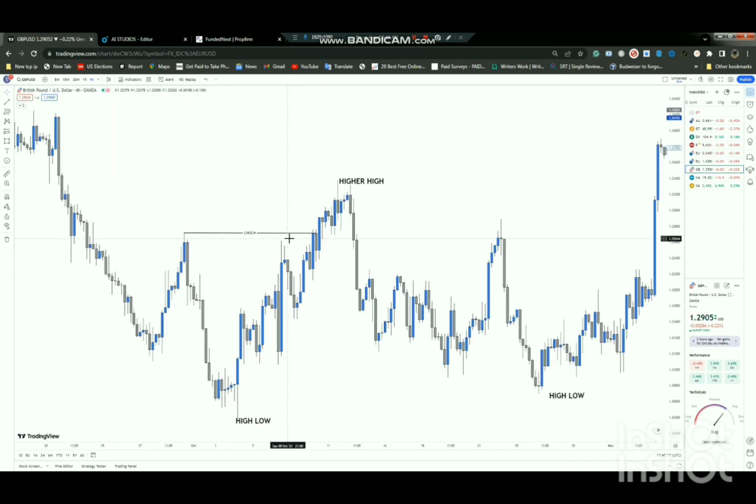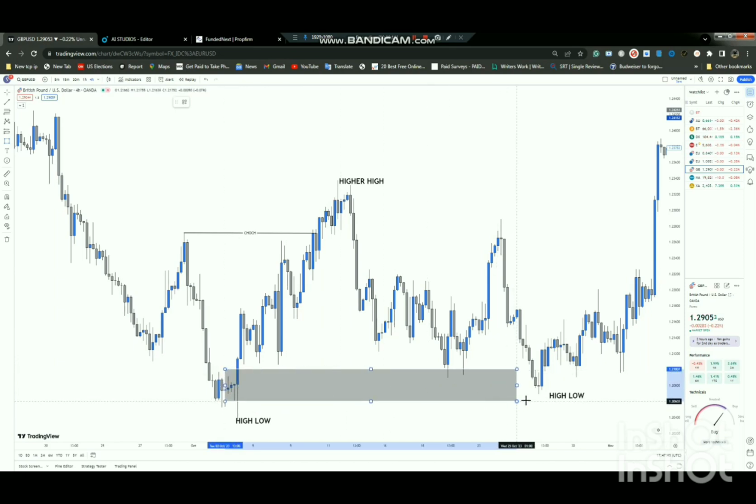What happened? The market retraced back down to fill the orders that have been left here. So here there is another order block that would be touched, and that's what the market had to do, guys. The market doesn't forget that.